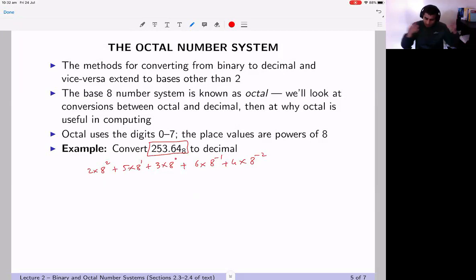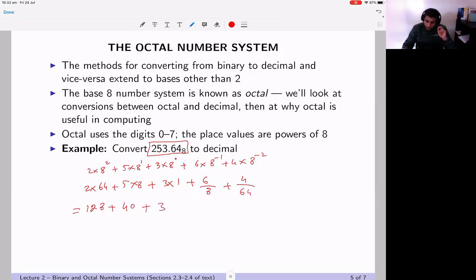Okay, let's verify it. So 2 times 8 squared is 2 times 64. 5 times 8 is 40, 3 times 8 to the power 0 is 3, plus 6 over 8, plus 4 over 64. This equals 2 times 64 is 128, 5 times 8 is 40, plus 3, plus 6/8 is 0.75, and plus 4 over 64, which is 1 over 16, that would be 0.0625.